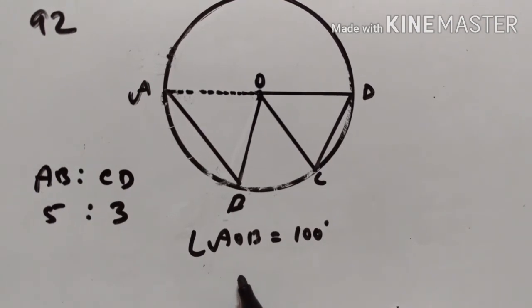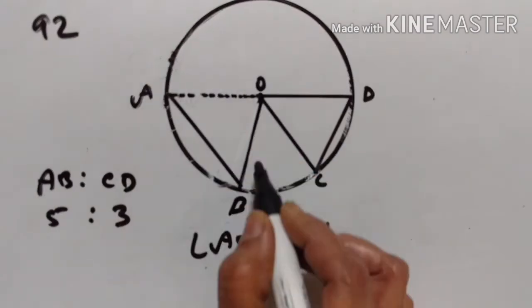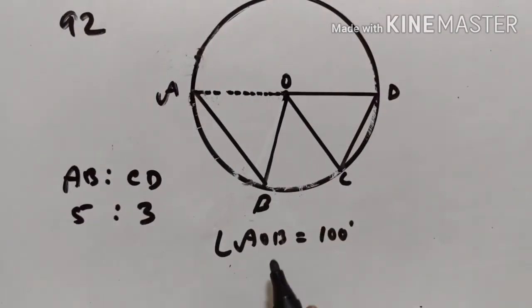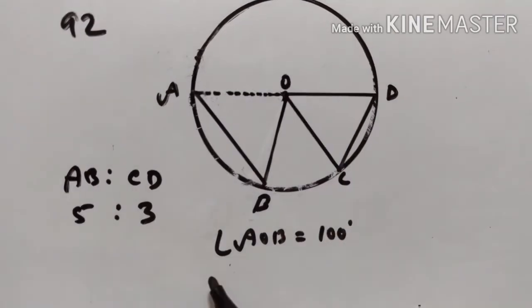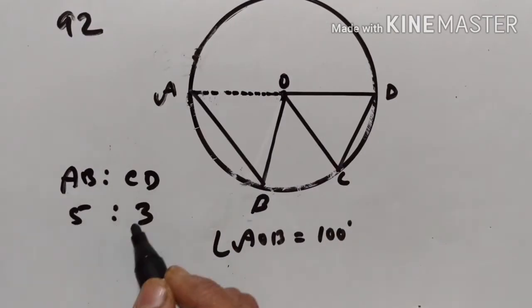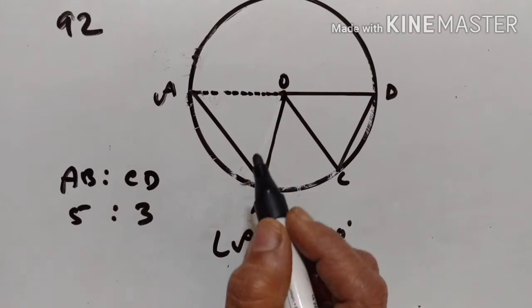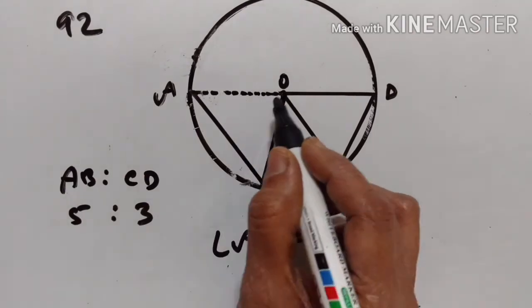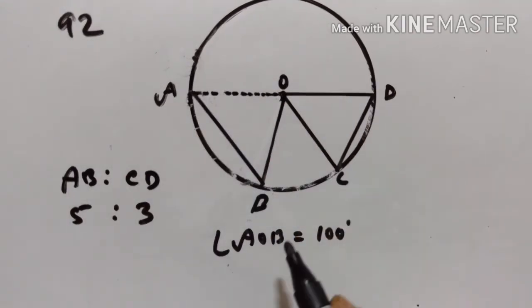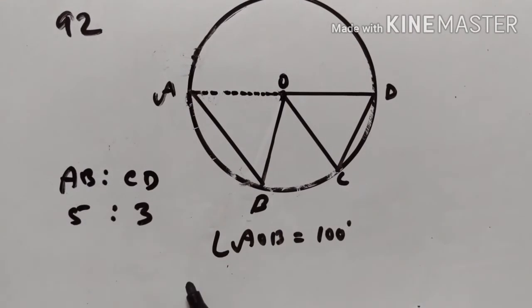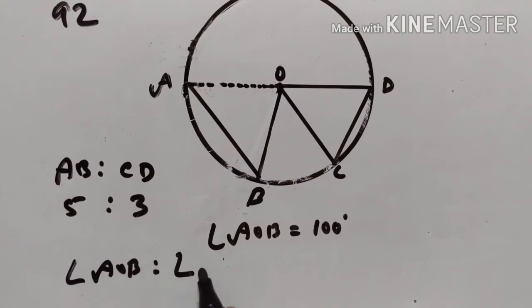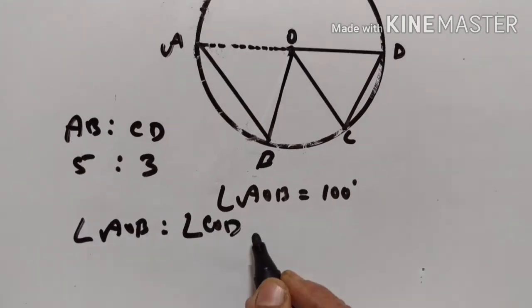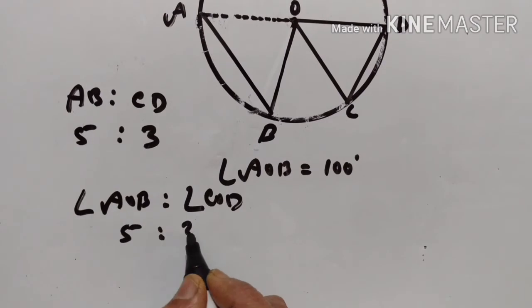The angle subtended by AB is angle AOB and the angle subtended by CD is angle COD. The chords AB and CD are in the ratio 5:3. Therefore, the angles subtended by them, angle AOB and angle COD, are also in the ratio 5:3.